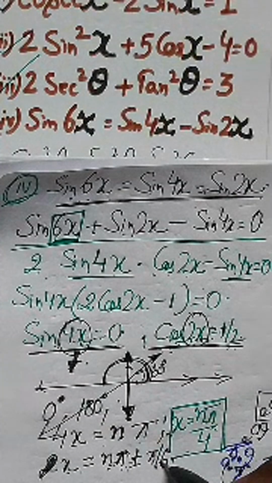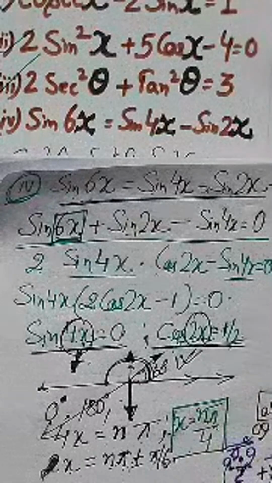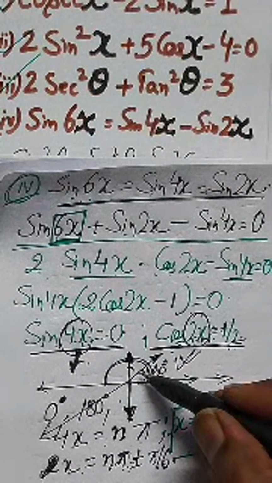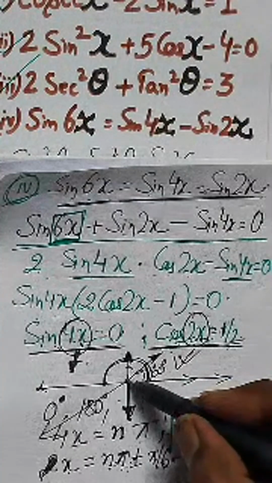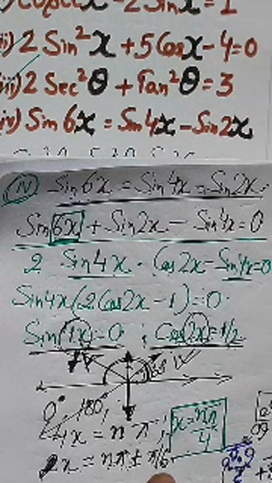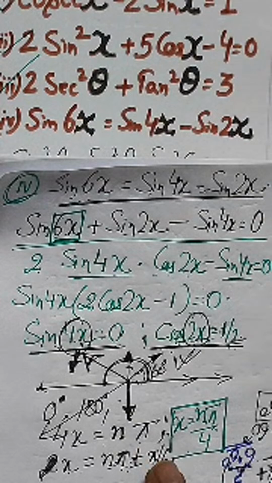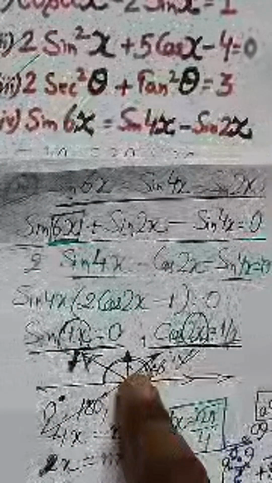Why am I saying this? Because here all are positive, so these values can be taken. So pi minus 1 by 6 will be coming into the second one, and this will give you the solutions.